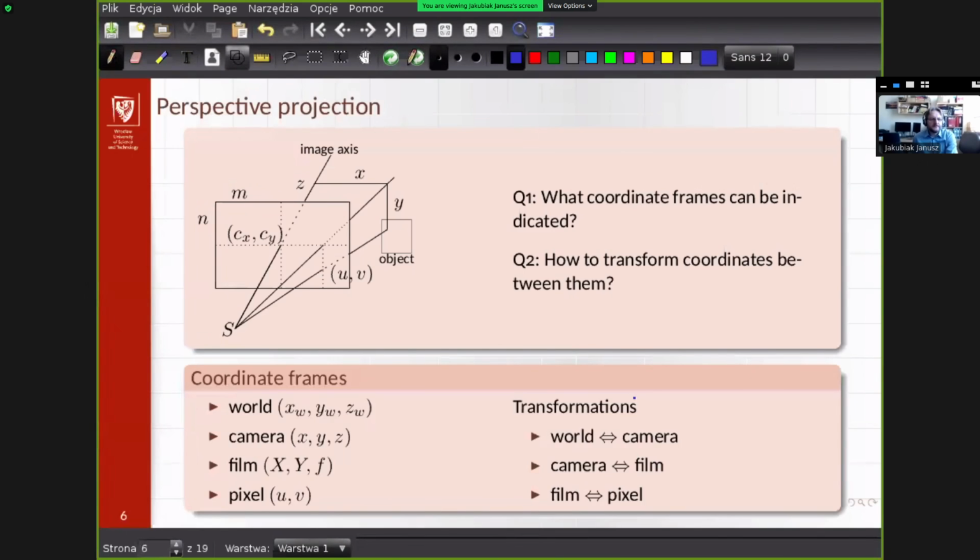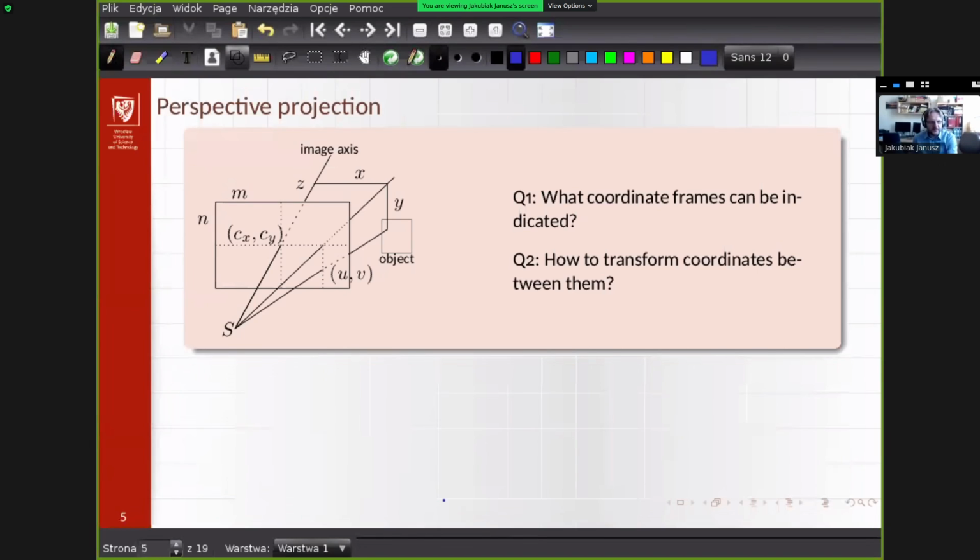So firstly, we will have the coordinate frame that is real world coordinates. We have the object, and the object is located somewhere.